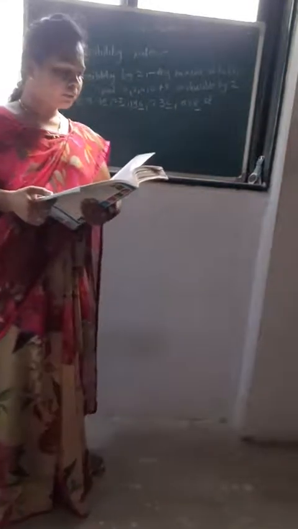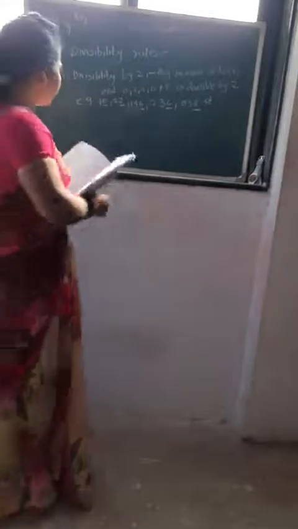Next one, divisibility by 3. Second rule is divisibility by 3.